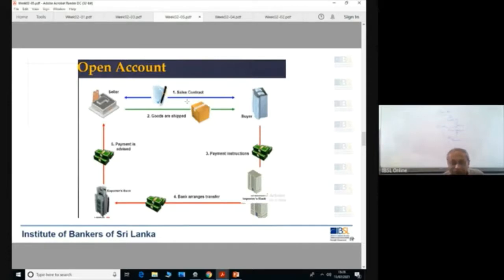Advance payment usage was another 5%. Altogether 10%, open account and advance payment. About 50% LCs and 40% collection. That was the percentage in the late 80s.